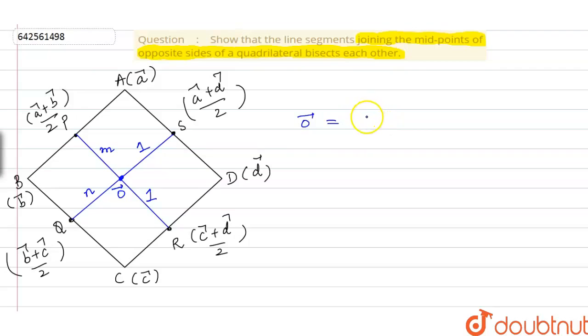So that would be giving us the value as m into C plus D by 2 plus A plus B by 2.